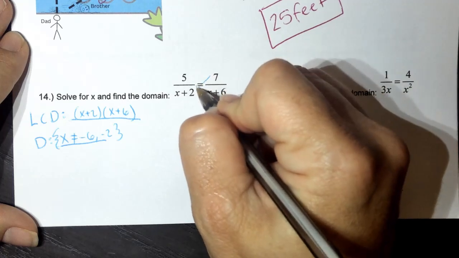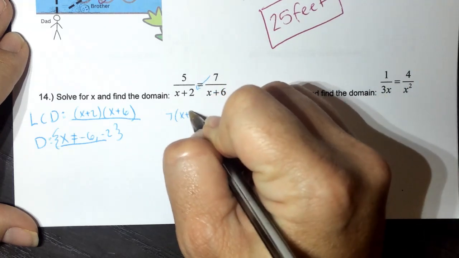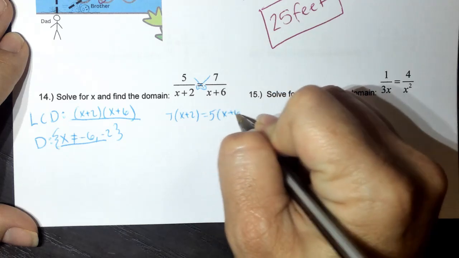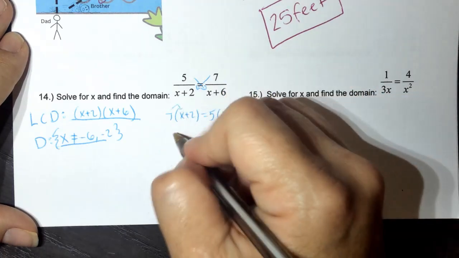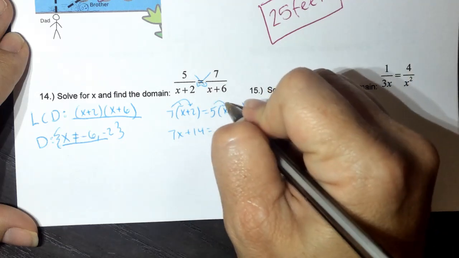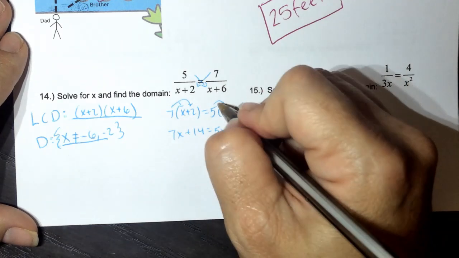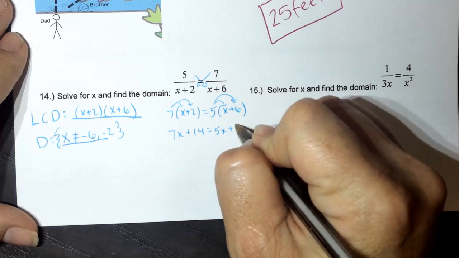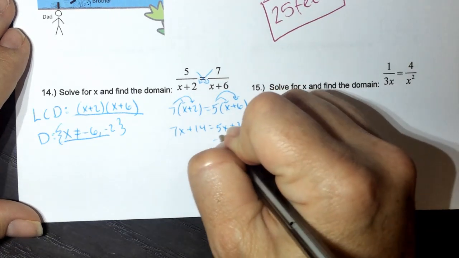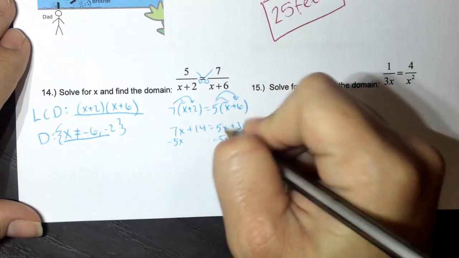So now let's cross multiply, and I get 7 times x plus 2 equals 5 times x plus 6. So that gives me 7x plus 14 equals 5x plus 30. I like to move my smallest variable first, so minus 5x, minus 5x.